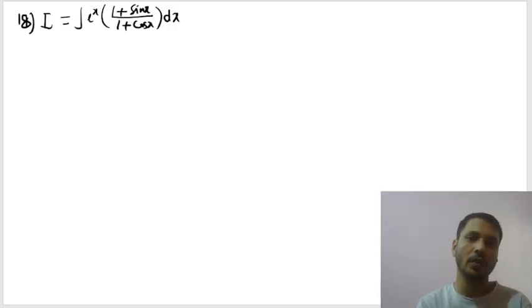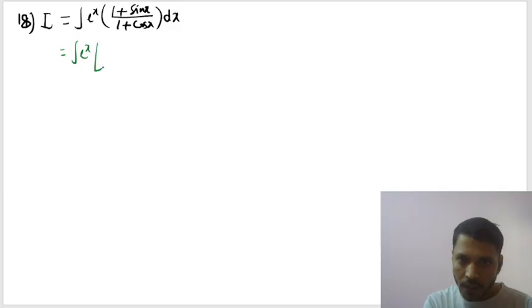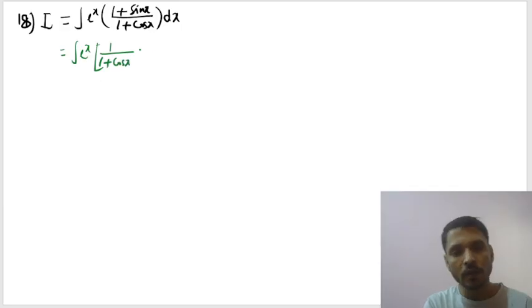Now what we need to do here is apply that concept of e to the power x into f of x. E to the power x as it is, and this 1 we are going to divide by 1 plus cos x. Separately, we are dividing both numerator parts, so we also have sin x divided by 1 plus cos x.